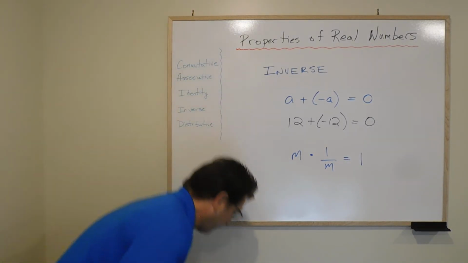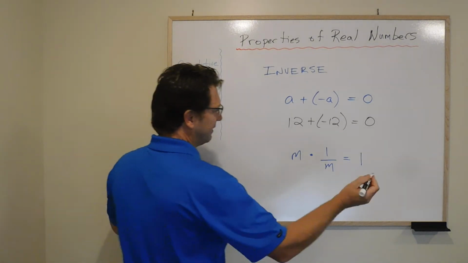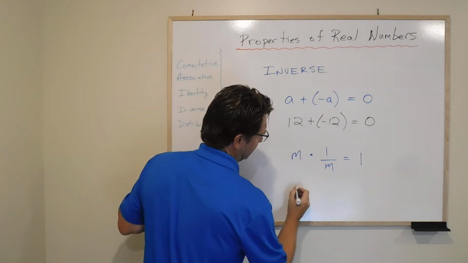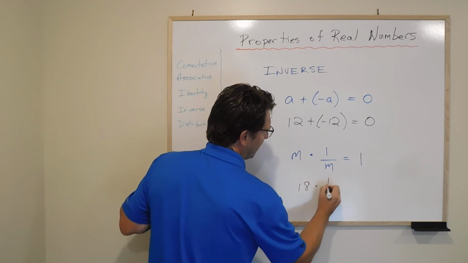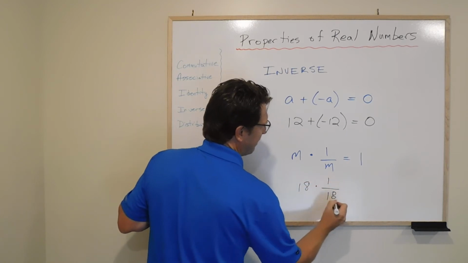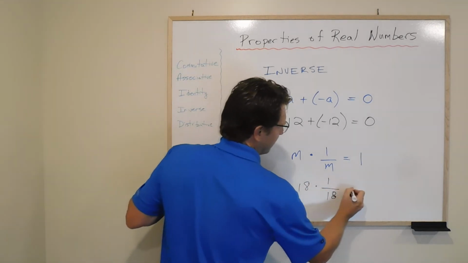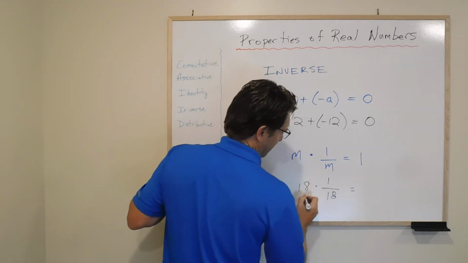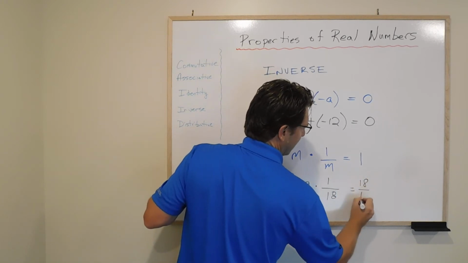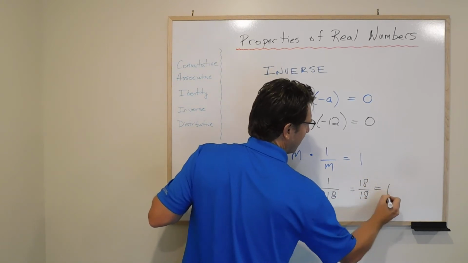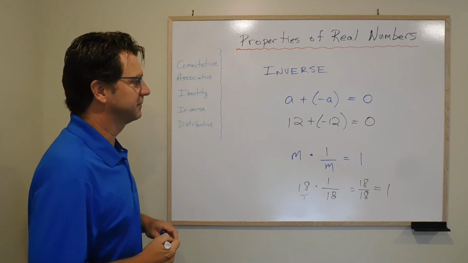So again, if I take any number like 18, and I multiply by its inverse, which is 1 over 18, I'm going to get 18 over 18. Remember, this has to be the denominator. Which is going to give me 1. And that always works.